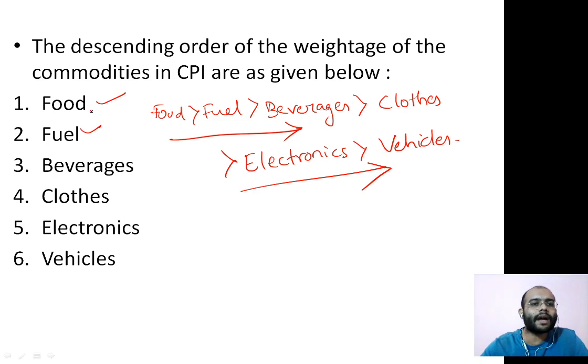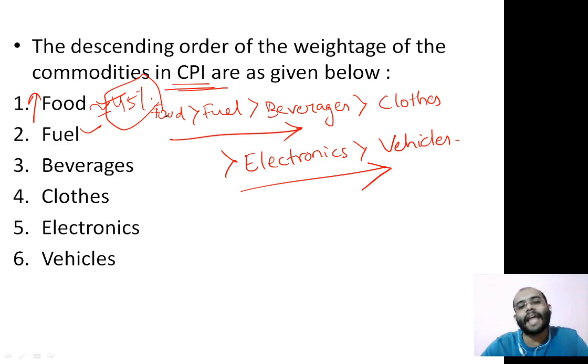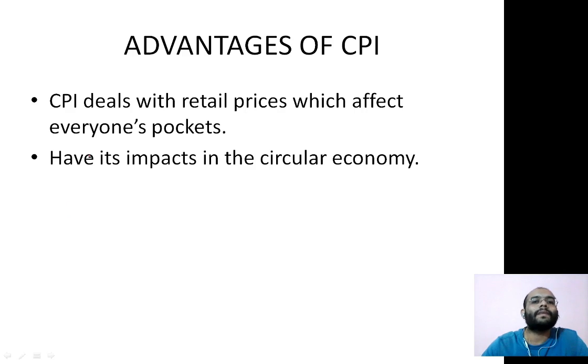Food roughly accounts for approximately 45% alone. So if there would be a steep rise in prices of food commodities, then it will have a severe impact on consumer price index and the overall inflation of the nation. What are the advantages of using CPI?